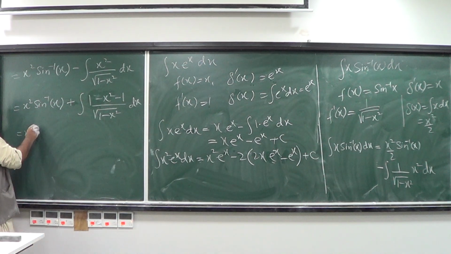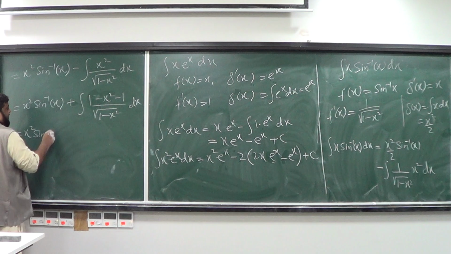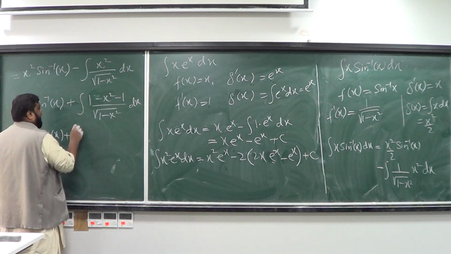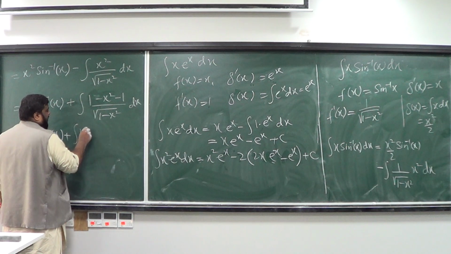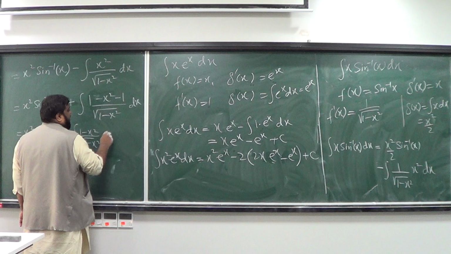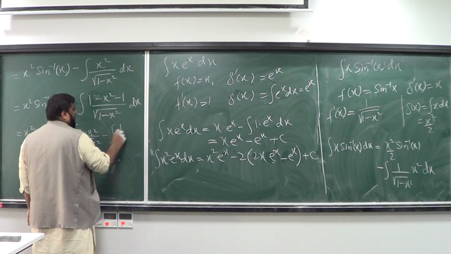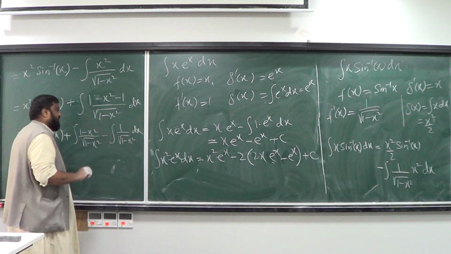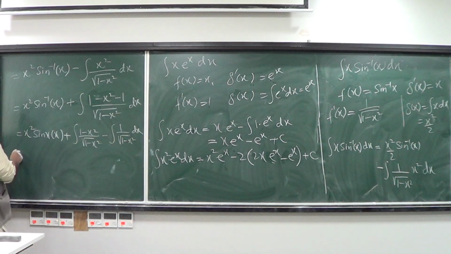So this is going to be x squared sine x plus, I can simplify this as 1 minus x squared over square root of 1 minus x squared minus 1 over square root of 1 minus x squared dx. Okay?